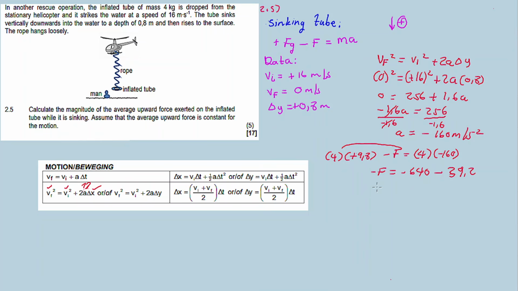So now F is equal to this value, and the direction is upward. This one is going to be upward. So yes, the average upward force is constant for the force we wanted. So this is the upward force applied by the water when the tube is sinking.